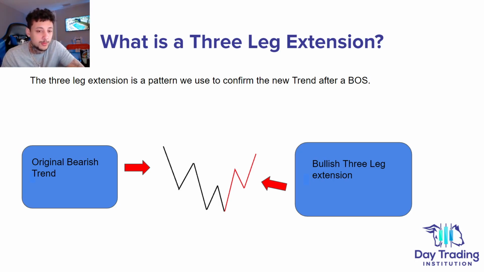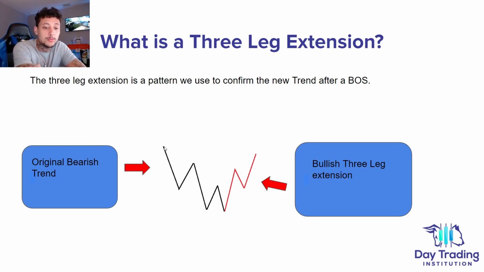So sometimes you might see a break of structure, let's say on the 15-minute time frame, but on the hour time frame, they're still in a bearish trend. So you want to wait for these three-leg extensions, especially on a lower time frame, to confirm the new trend. And again, a three-leg extension is simply a pattern for us to be able to identify a new trend.